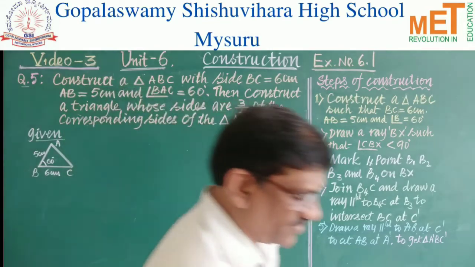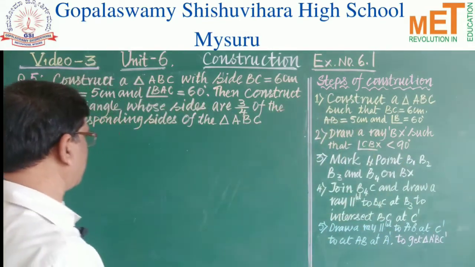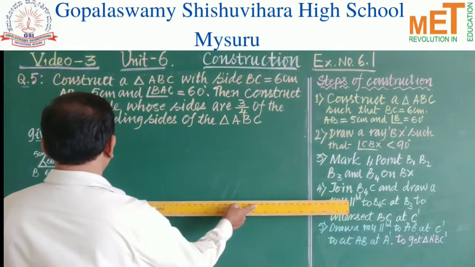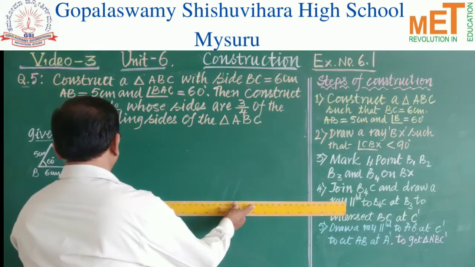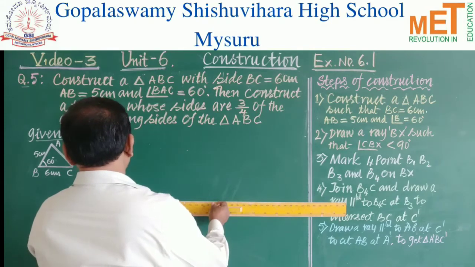Okay, first, take down, children. Draw a line segment BC equal to 6 centimeter.